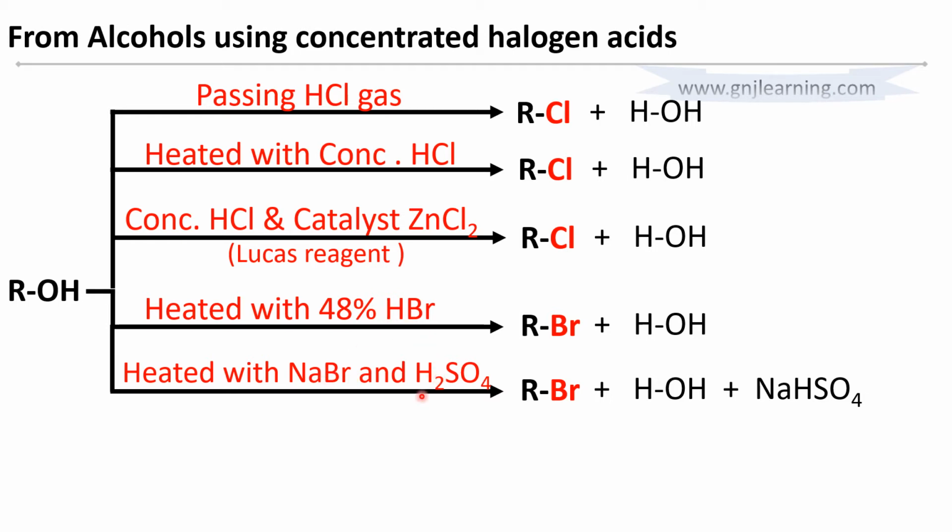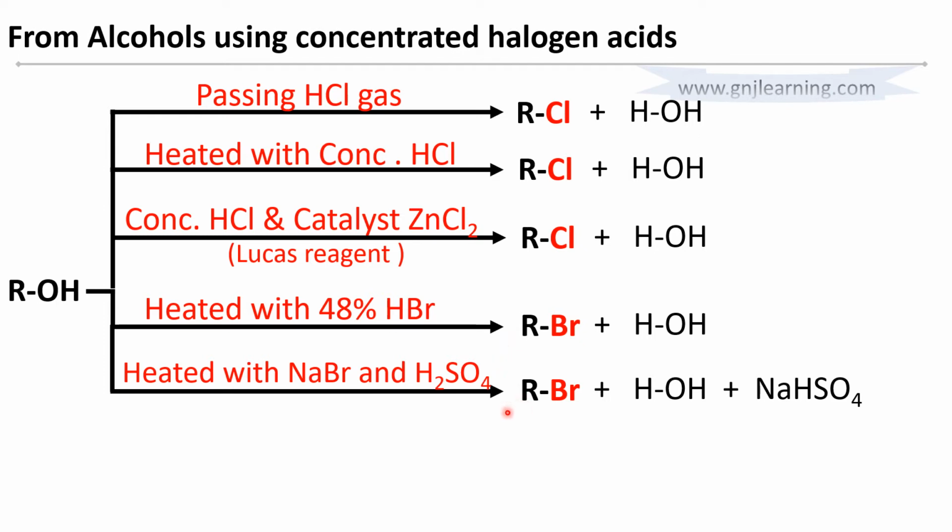So H2SO4 will help Br to generate its acid, HBr. If a salt and H2SO4 are mixed, H2SO4 will form the acid of that salt, that is HBr. So I will get a similar result, the substituted product bromoalkane. So this is how to get bromoalkane.